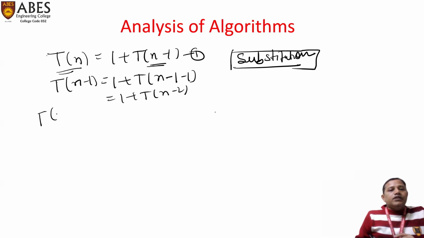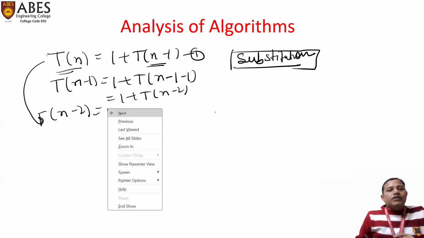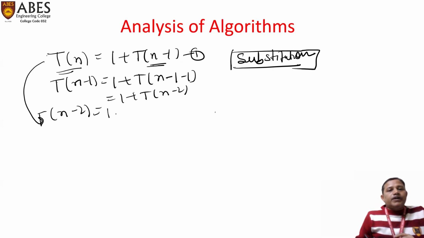Similarly, if we put n minus 2 in place of n in equation number 1 only, we will put all values in equation number 1 only. This is 1 + T, and what will be the value of T(n minus 2)?